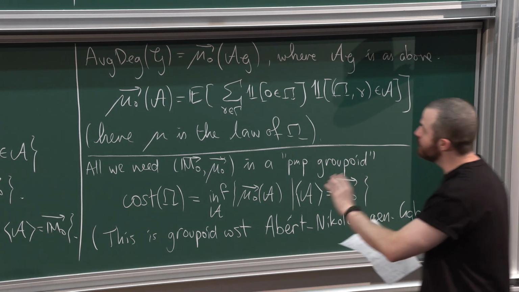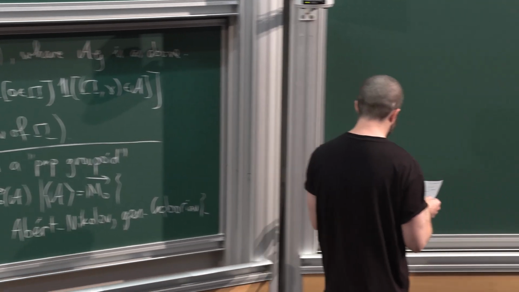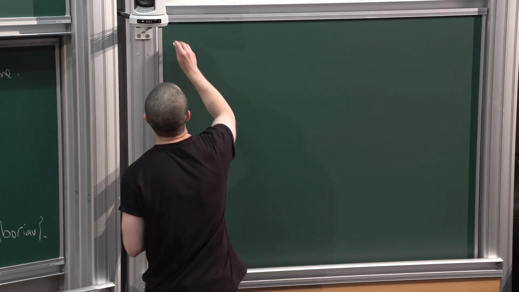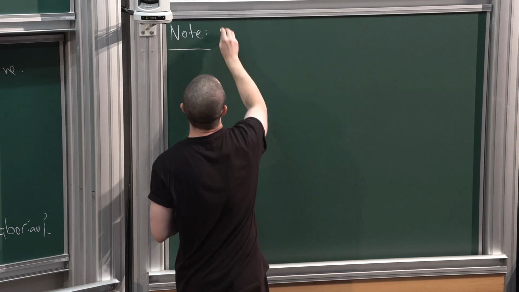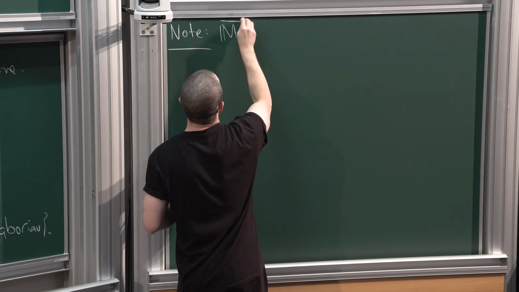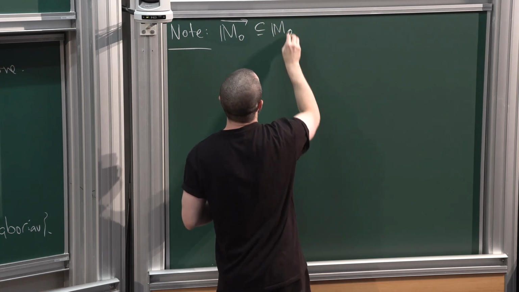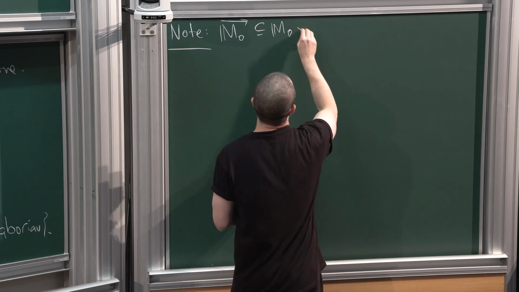OK, so I said that this is not just a groupoid. This is a groupoid with a topology, right? Not just any old groupoid from the gutter, but this fellow went to the high street. So note that M0, this arrow groupoid, formally is some subset of this space, which certainly has a topology, times gamma.